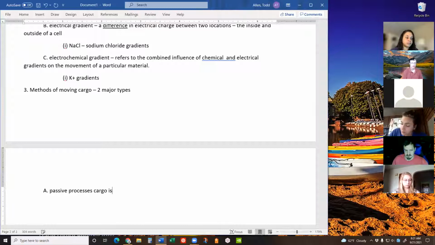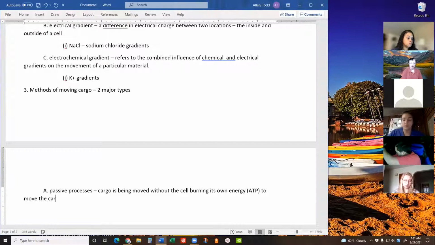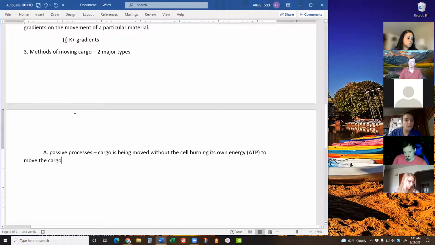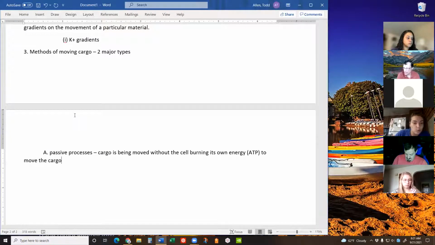Let me define it this way: cargo is being moved without the cell burning its own energy, ATP, to move the cargo. All right. So, a very rough analogy of this would be kind of like this.